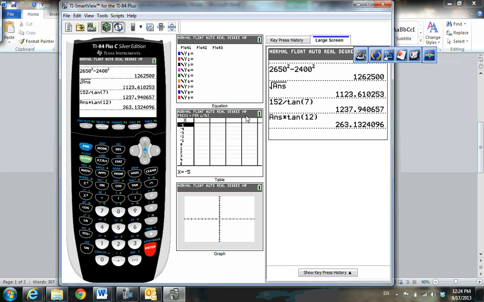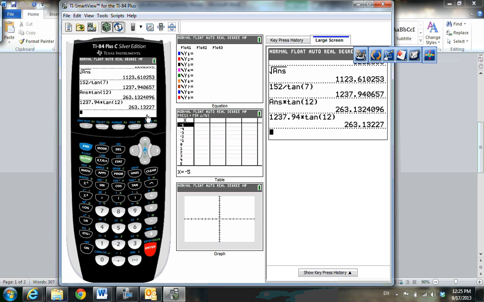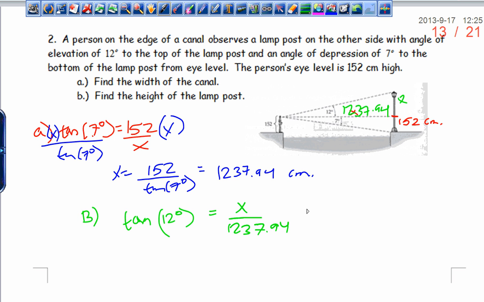263.13. If you had rounded this ahead of time, so 1237.94 times the tangent of 12, you're going to get a little bit of a different answer, but it's probably not going to change a whole lot. It changes at the third decimal place. So either way, it's still going to get 263.13.